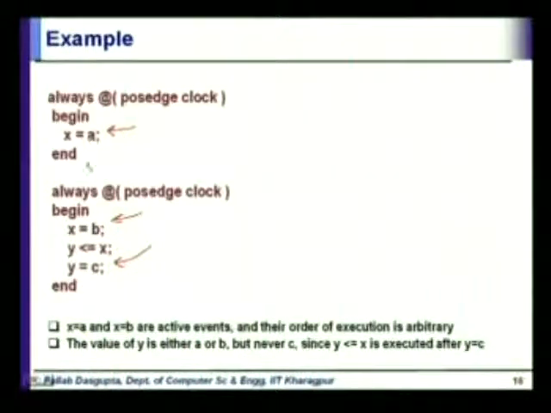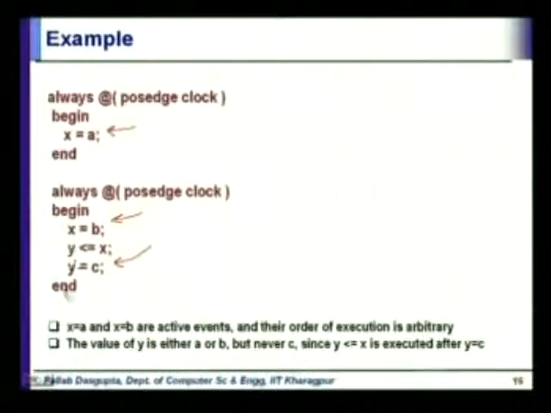X equal to A or X equal to B can be processed in either order. After X equal to B is done, Y equal to C will be processed, right. Thereafter, suppose there are no other active events, then we will go to the non-blocking assignment. There X will be assigned to Y.